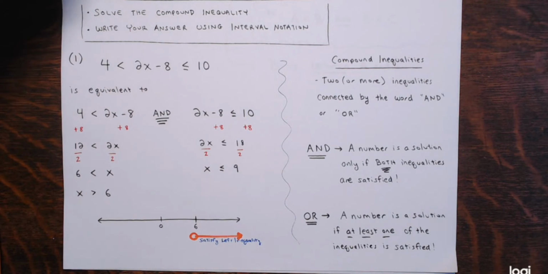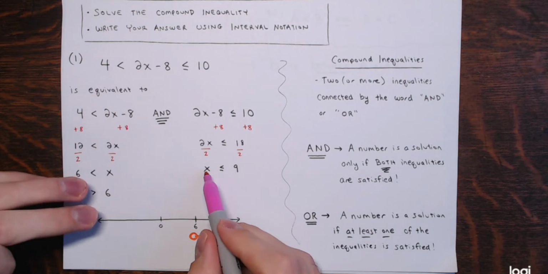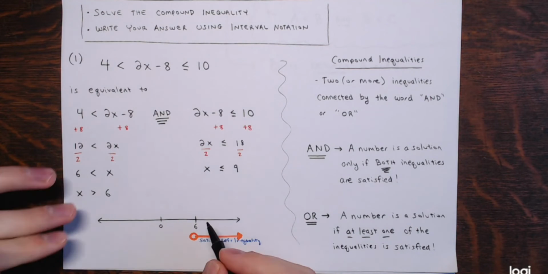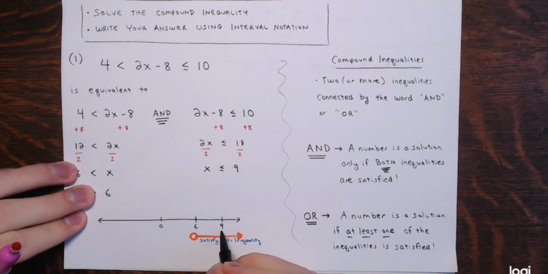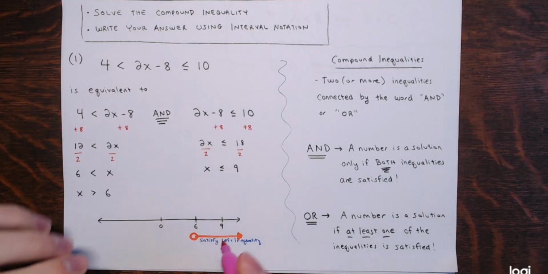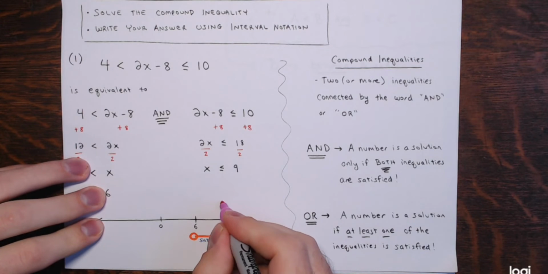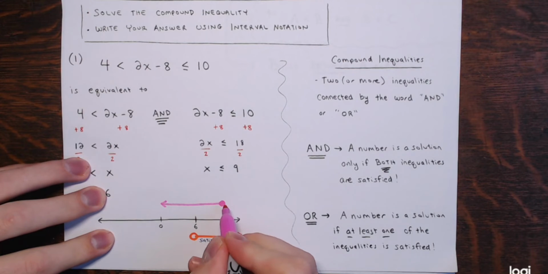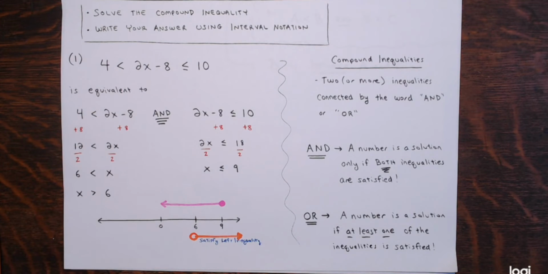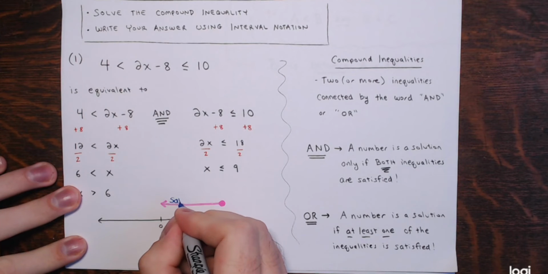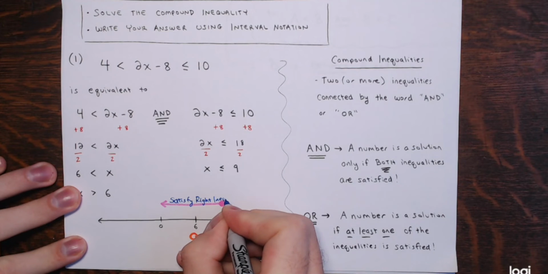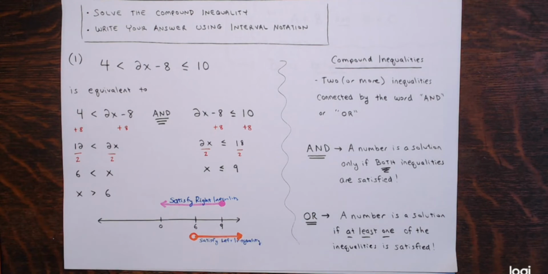And then I'm going to put in a different color all the numbers that satisfy the second inequality, the numbers less than or equal to 9. So 9 would be to the right of 6 on the number line. Then all the numbers less than or equal to 9 are these numbers. Less than 9, equal to 9. These numbers satisfy the right inequality. Sorry about the tininess of that.